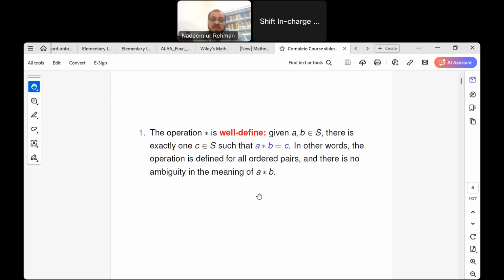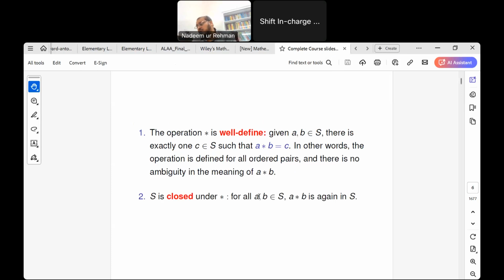In other words, the operation is defined for all ordered pairs, and there is no ambiguity in the composition of a and b. The second thing is that S is closed under star: for all a, b in S, a star b is again a member of S.